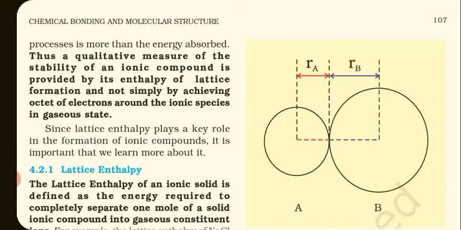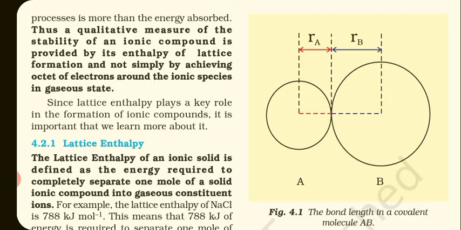As you can see in the diagram in figure 4.1, there are two atoms, atom A and B, and the red dotted line shows the radius of atom A, and the blue dotted portion shows the radius of atom B. They are respectively denoted by Ra and Rb.